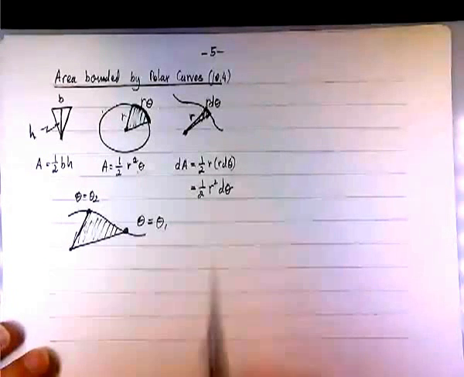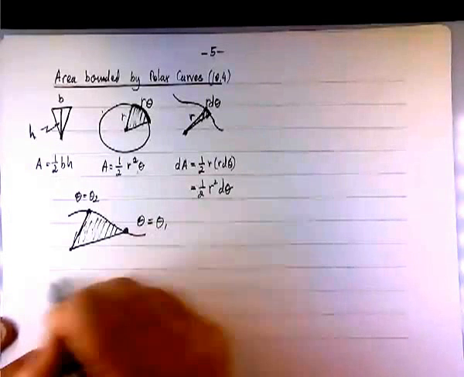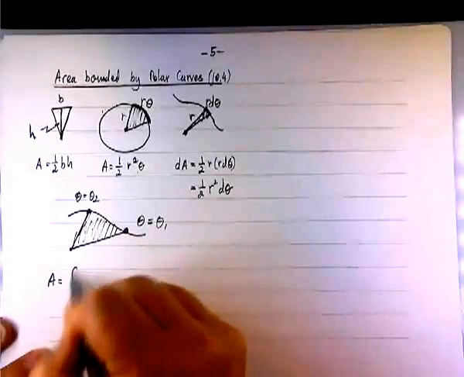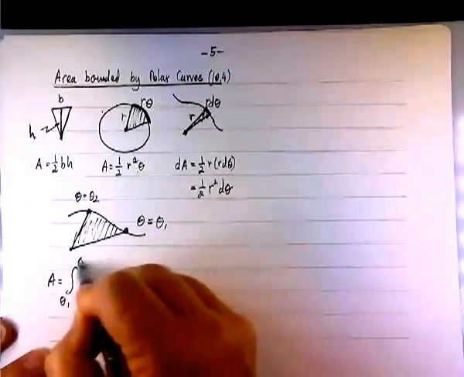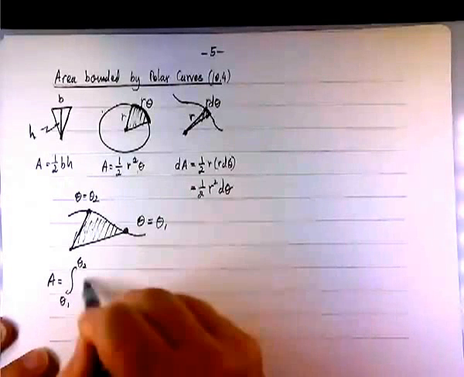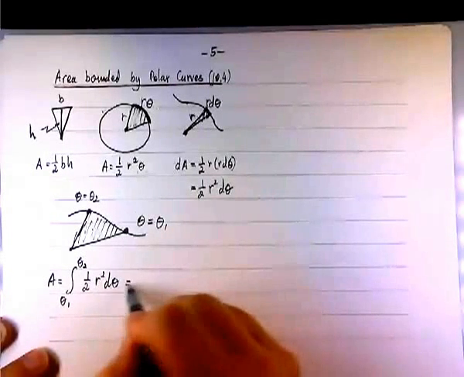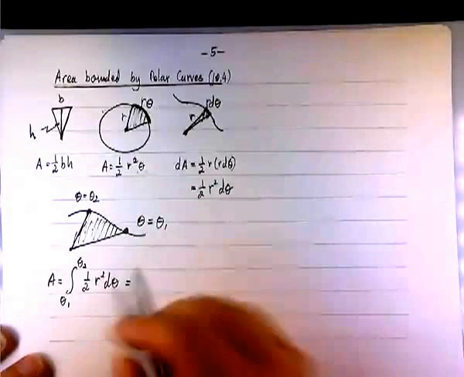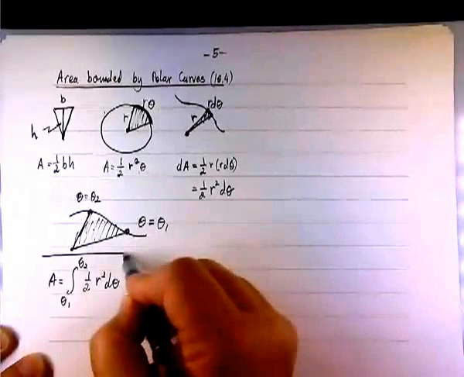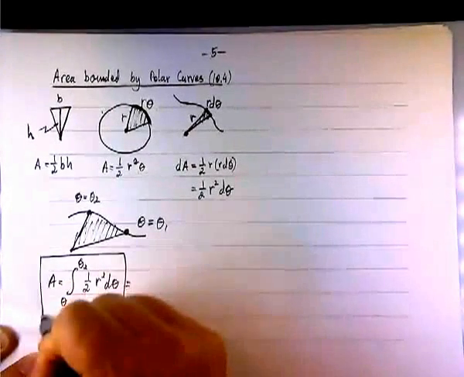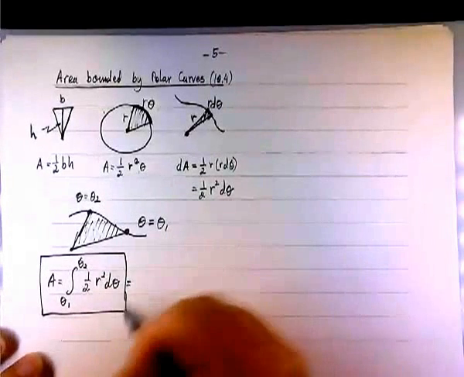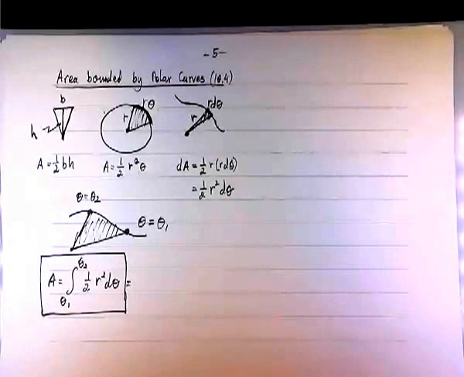I'm just relating to the boundaries of theta. Well, the area of this sector will be the integral from theta 1 to theta 2 of 1/2 r squared d theta, and that's it actually. This is the area formula.